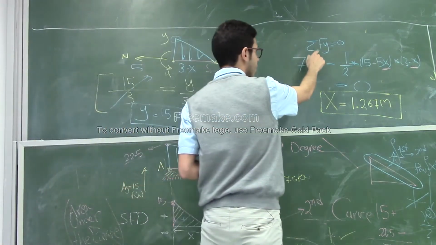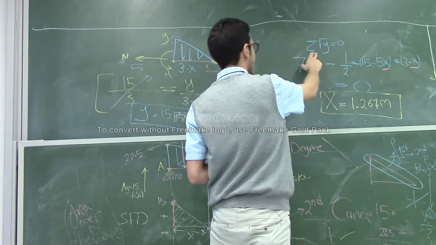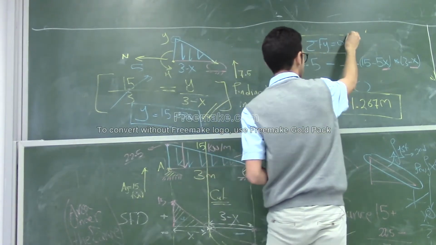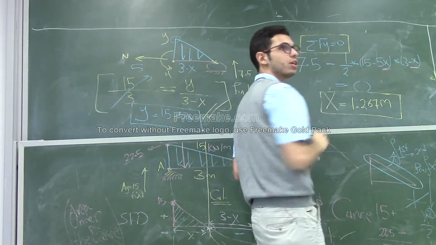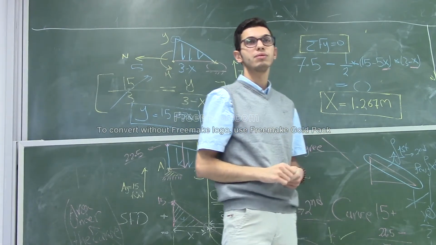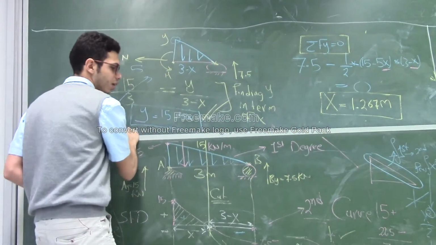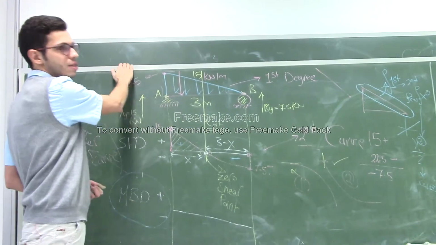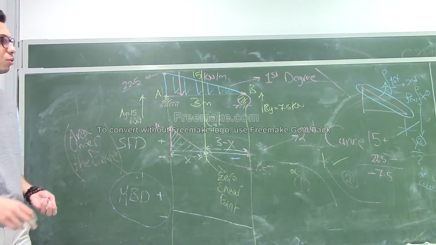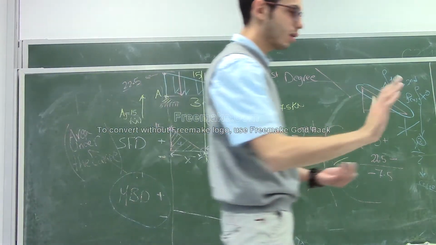So if I apply the equation, the summation of the forces in y is equal to 0, I will have this equation. If I solve it, I can find x. So before finding the moment, please write your notes to continue. If you need time to write, because I need to get it.